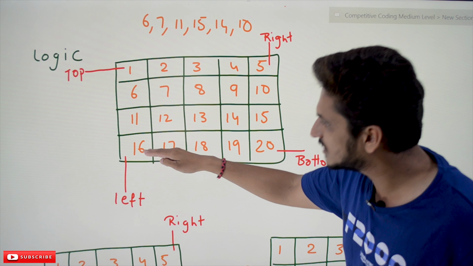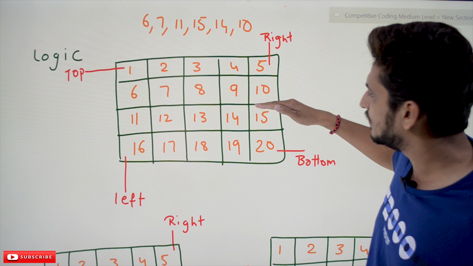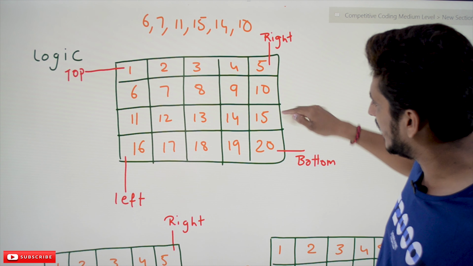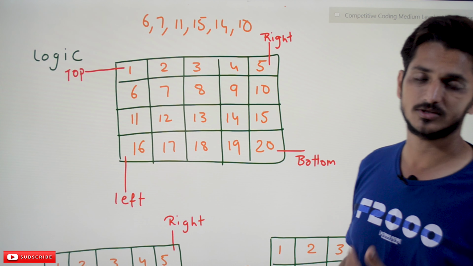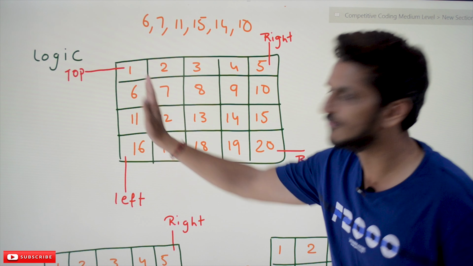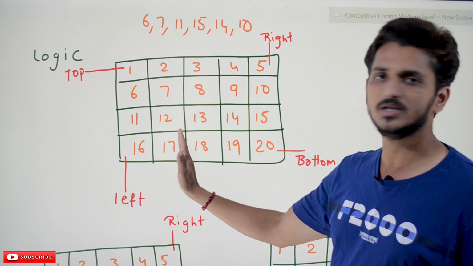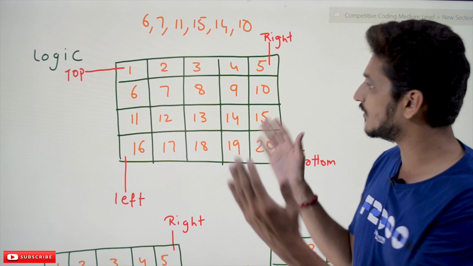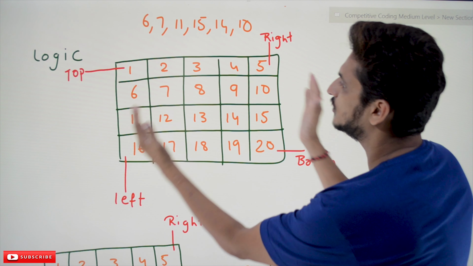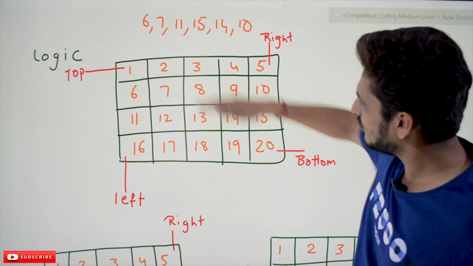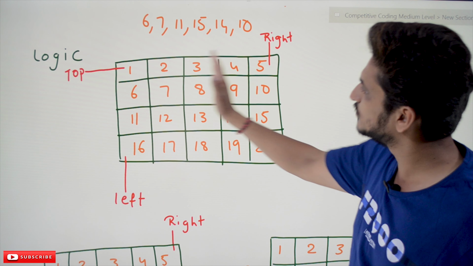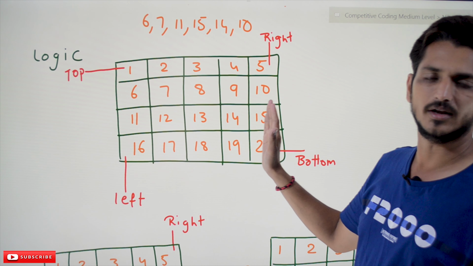After displaying this line, bottom has to point to the line above it. After displaying the left column, left has to point to the next column. So our matrix is always going to squeeze like this: top is coming down, bottom is going up, right is moving left, left is moving right.